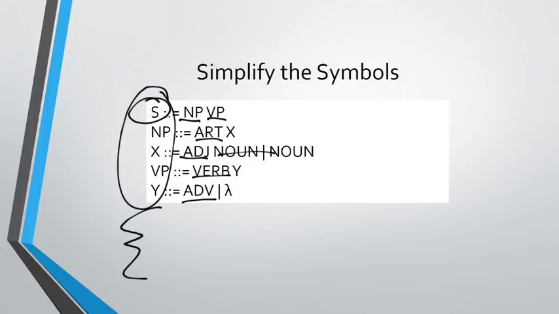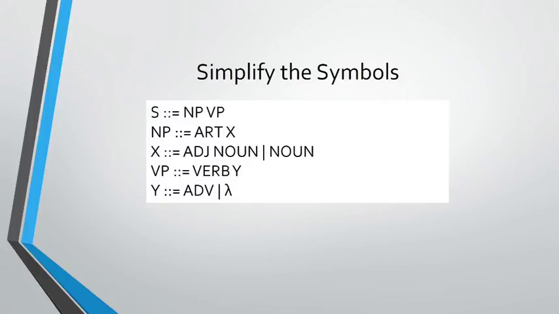So with this being said, it's important to point out that in this particular grammar now, our terminals become adverb, verb, adjective, noun, and article, with our non-terminals still being sentence, noun phrase, verb phrase, X, and Y. There's also this lambda in this final production. We're going to need to do something with that lambda, so keep your eye on it, but for now we're not going to talk about it too much.